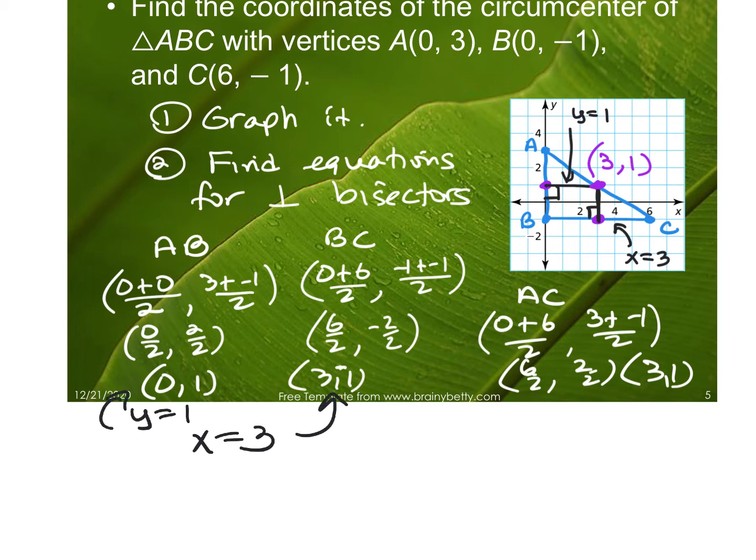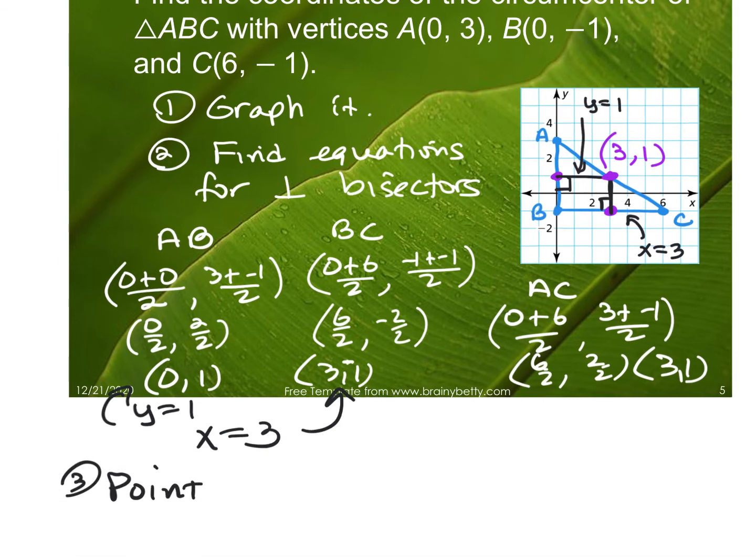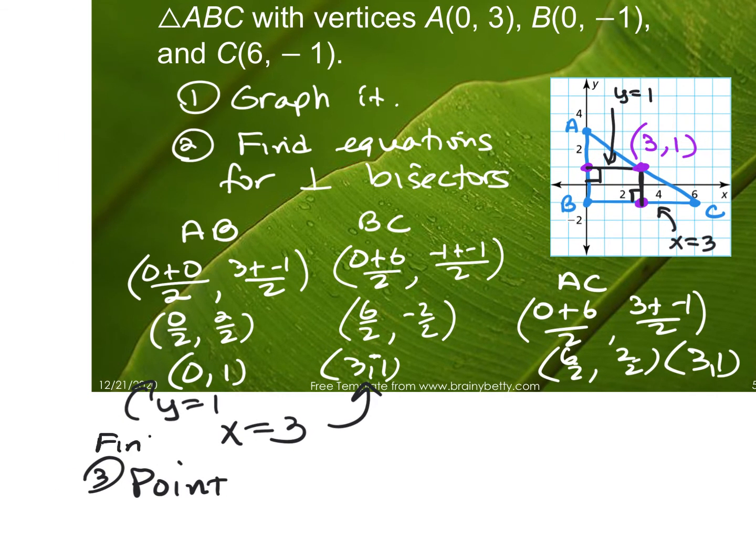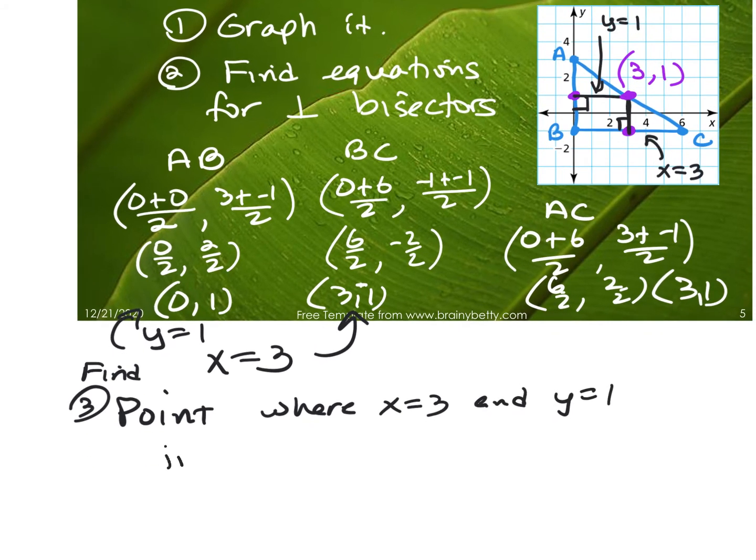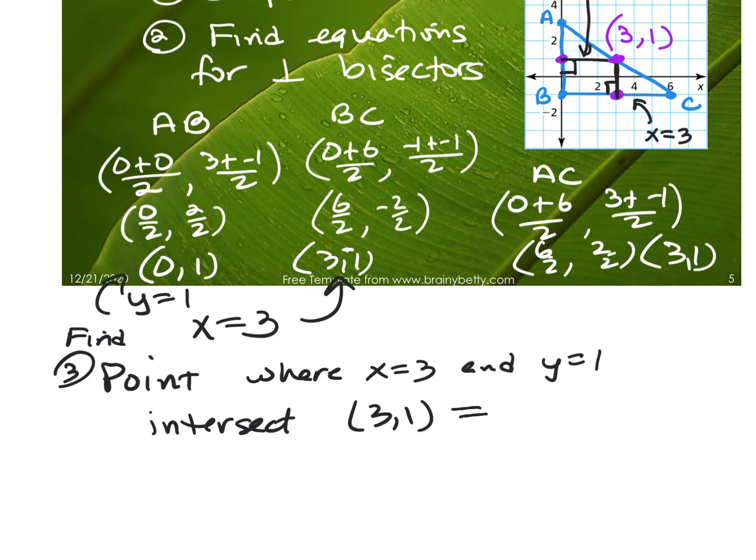So then now what we need to do is find the point for step 3. So we find the point where x equals 3 and y equals 1 intersect. And that's the ordered pair (3, 1), which equals our circumcenter.